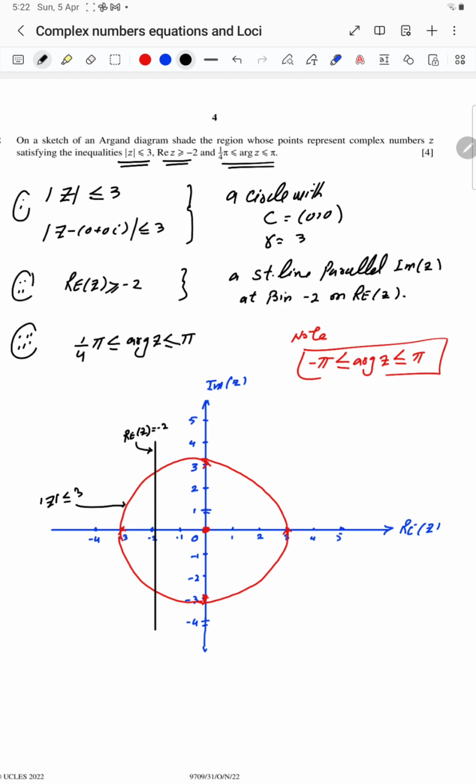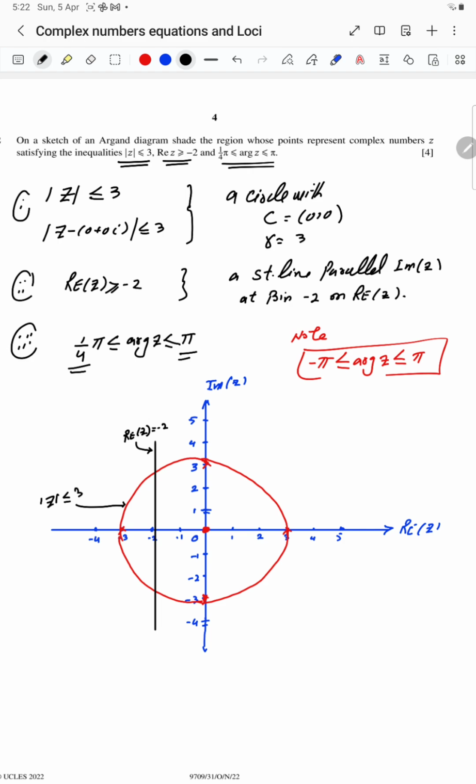For the angle, we need to do some calculations if required. As you know, your angle is bigger than pi by 4, that is 45 degrees, until 180 degrees. So first of all we will plot here. Let me take the black one.